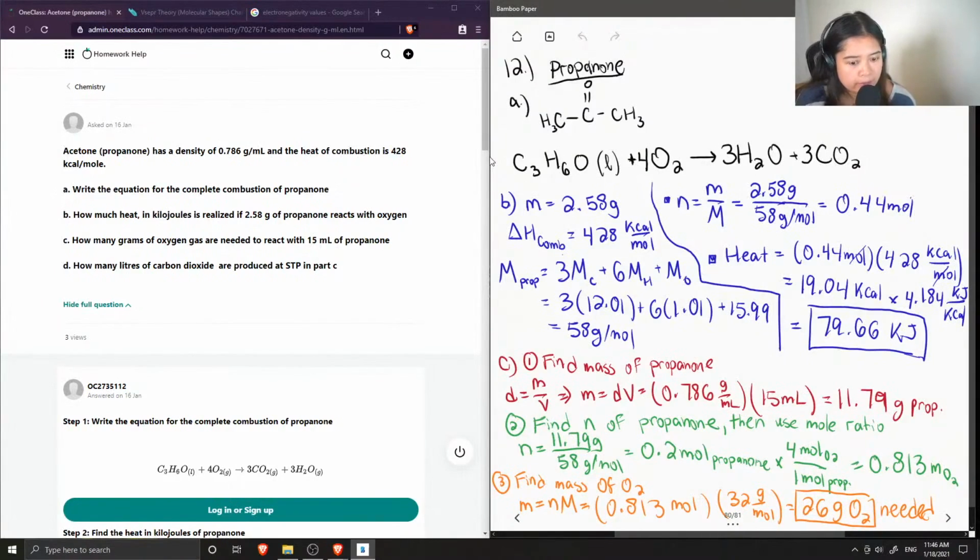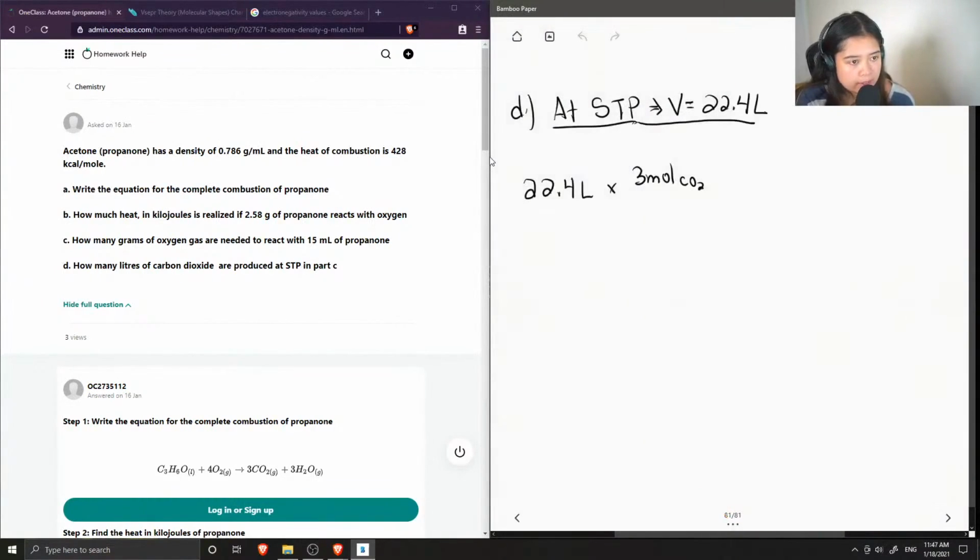There are 3 moles of carbon dioxide for every 1 mole of propanone. So 22.4 liters times 3 is equal to 67.2 liters.